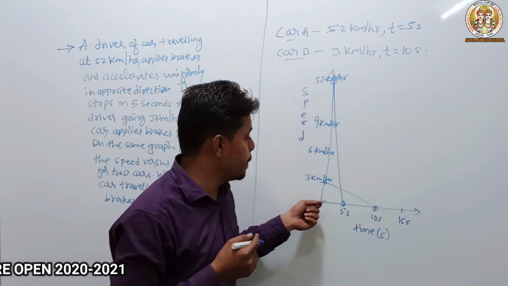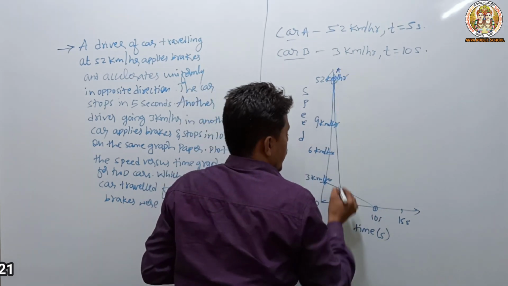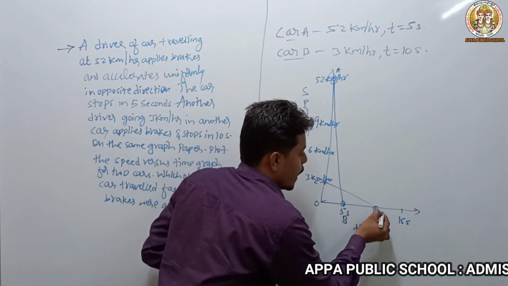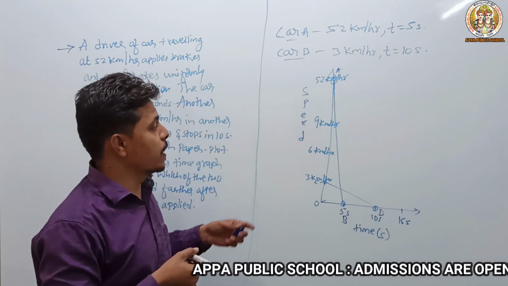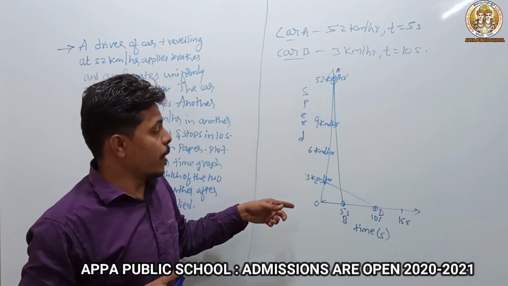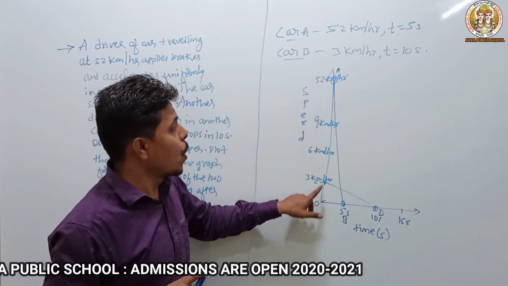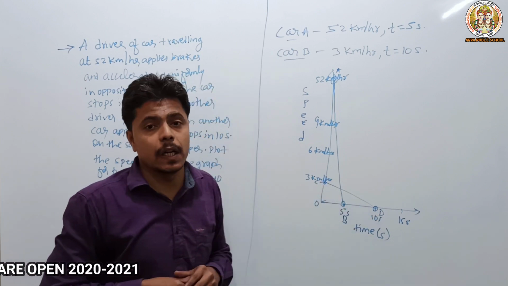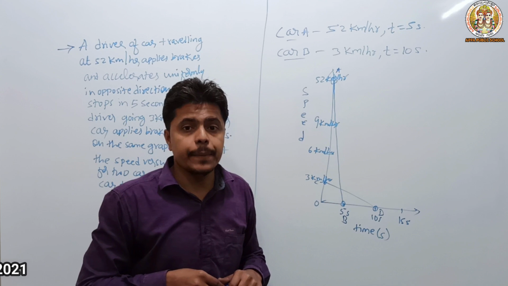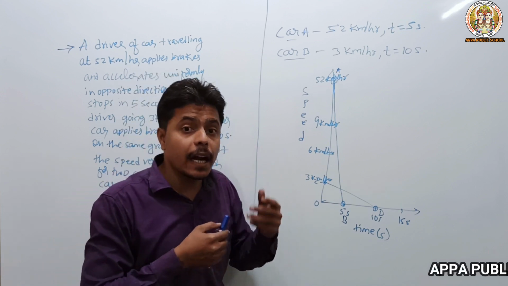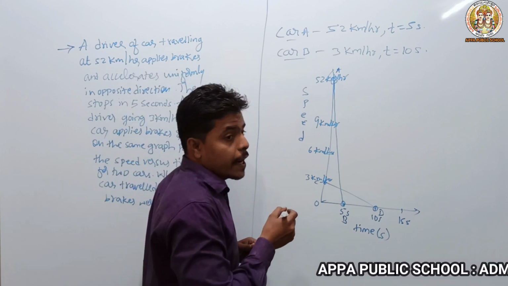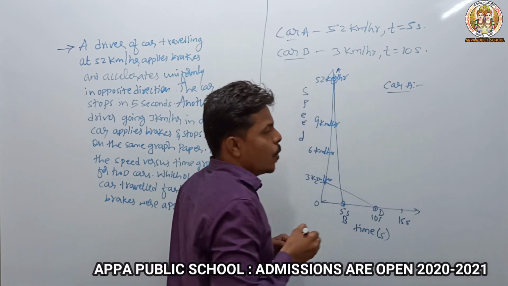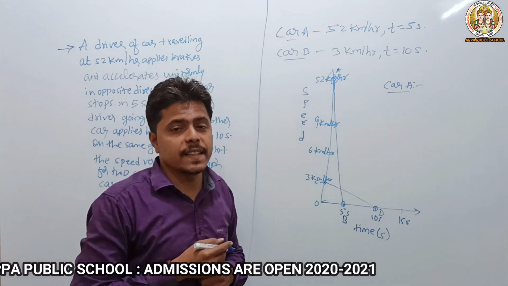Let's give this the names O, A and B, and O, C and D. So we have given the labeling here. O A B is one triangle, O C D is another triangle. Now we are going to find the distance traveled by car A and car B. First car A, we know the triangle formula: half into base into height.